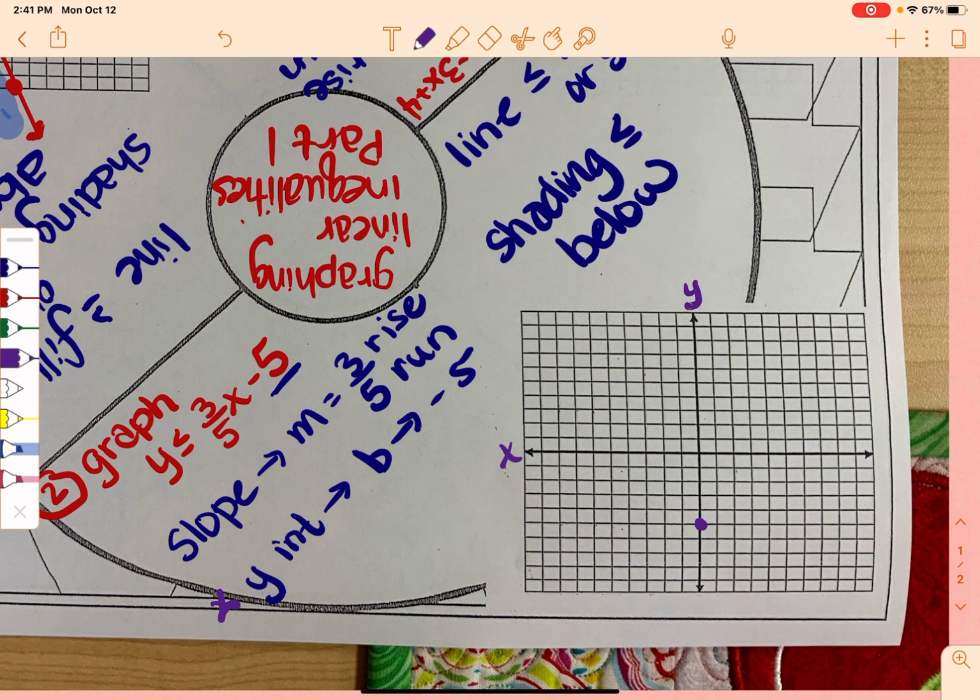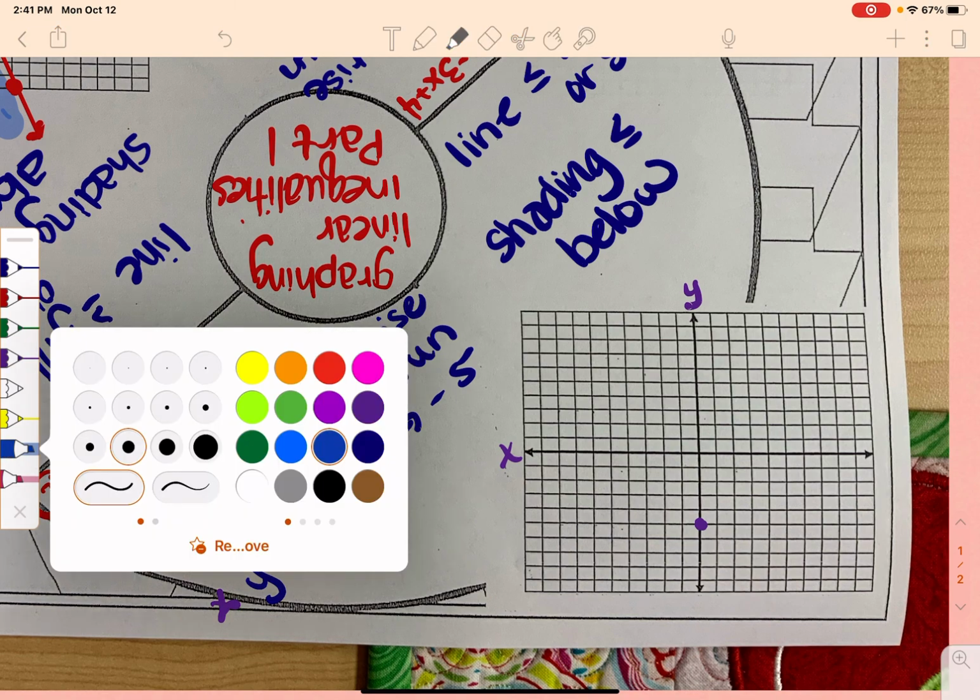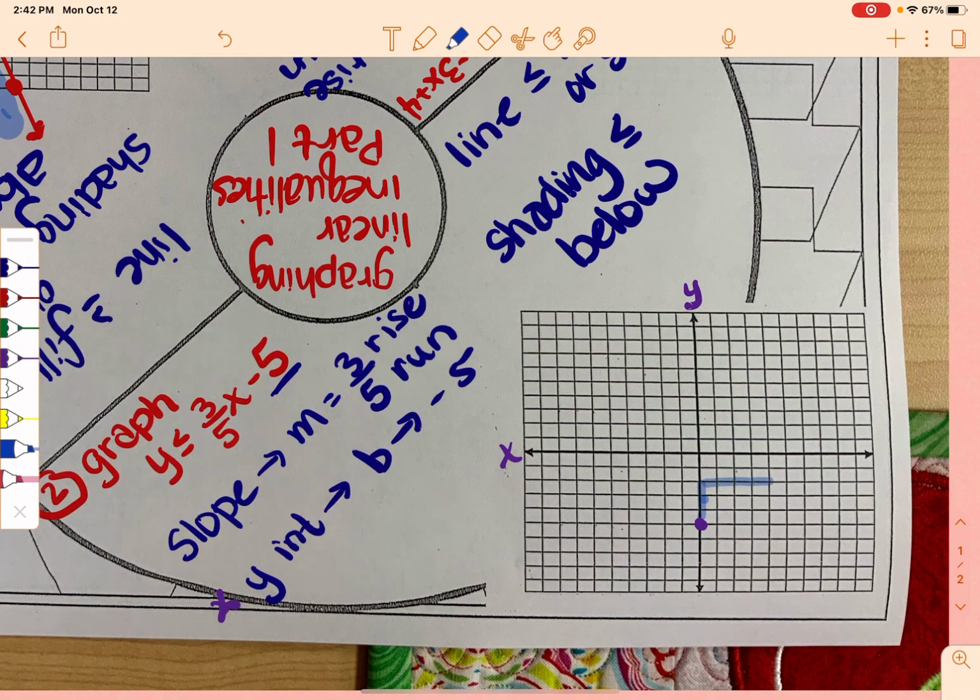Now if the slope is 3/5, it means I go up 3 and over 5. And if I wanted to, I can go up another 3 and over 5. If I wanted to move backwards, I could go down 3 and back 5.